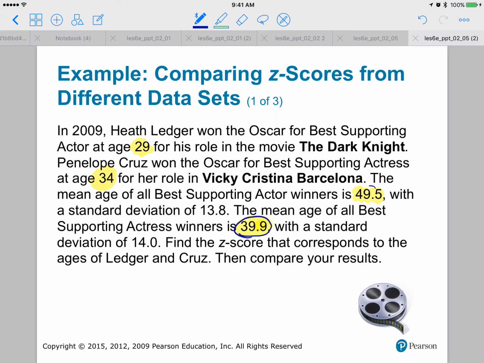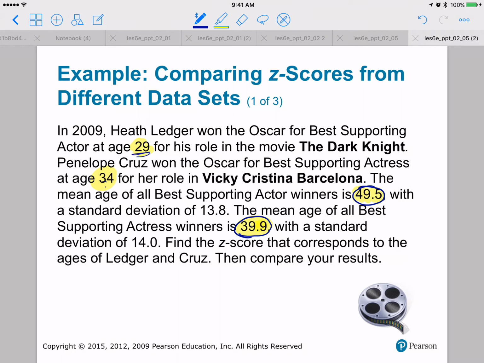So in other words, if you're going to win the Oscar for best supporting role and you're female, you're going to be younger than males that win. Okay? So the question is, even though Penelope Cruz is 34, which is a little older than 29, it's hard to compare.